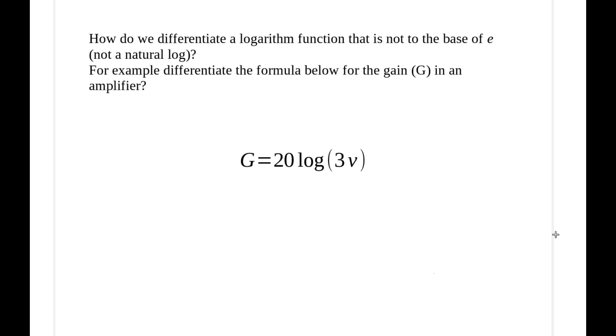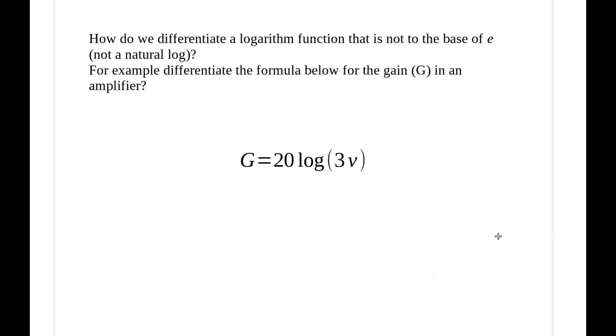So basically what we're saying is the input voltage V has been amplified by 3 times. And this is the typical formula for working out the power and then converting it into decimals. Anyway, I'm not going to go into that in any more detail, just to let you know it is a proper equation that's used in electrical engineering, particularly electronics.